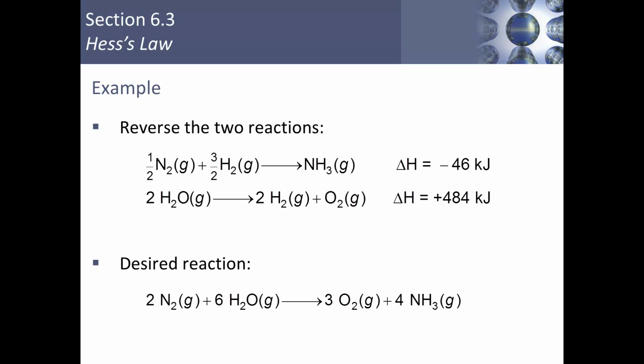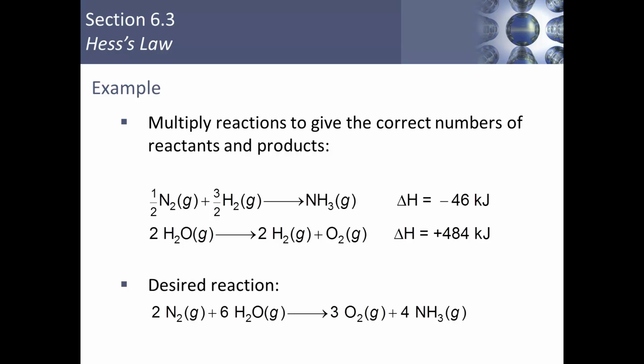Now all we need to do is multiply the reactions to give the correct number of reactants and products. We can multiply our reaction for the formation of ammonia by 4, and the reaction for the dissociation of water by 3.